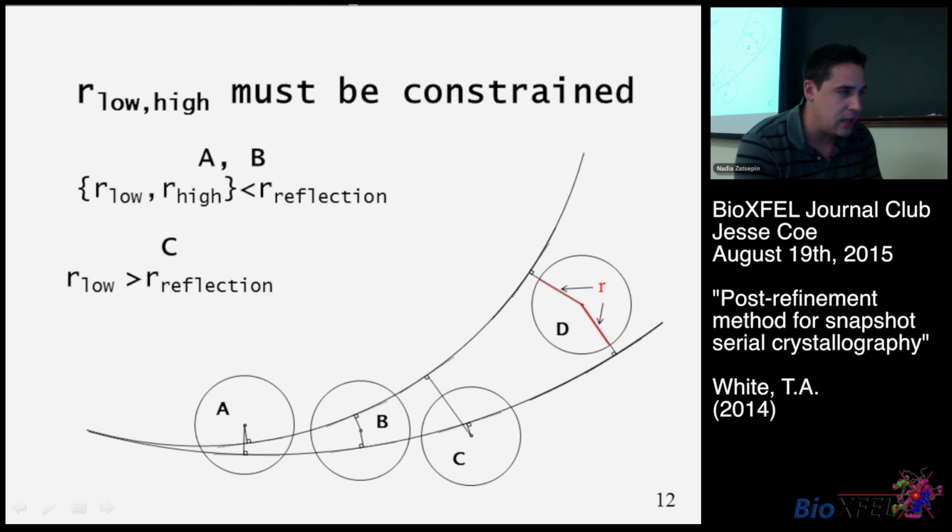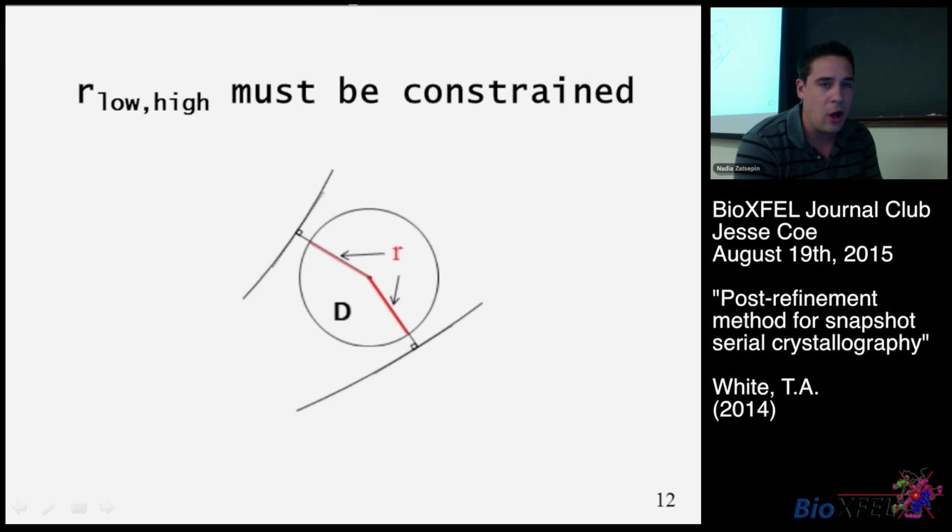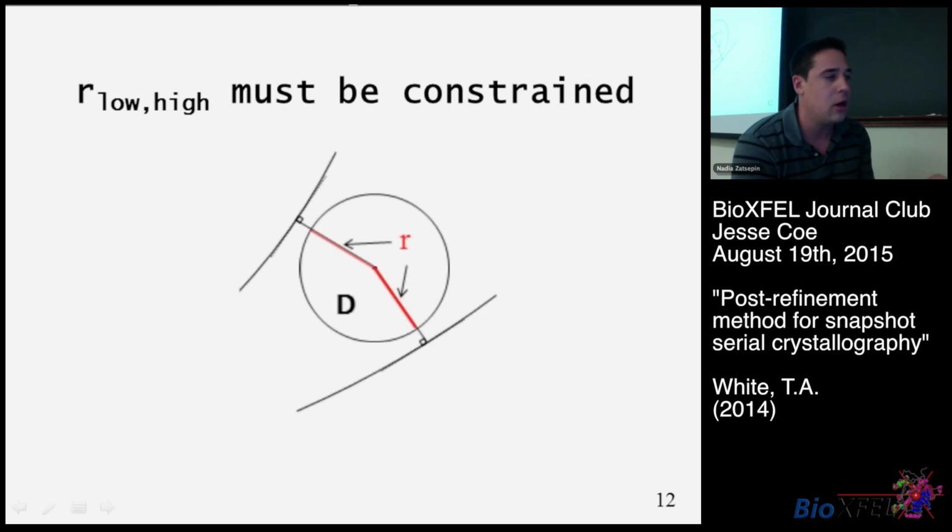But when we get to C, we see that C is farther away from the low shell than it is... it's got a longer radius from it to the low resolution shell than it does through the actual radius of the size of the spot. And then D is on both ways. So it needs to be constrained where all of them must be between R. So when processing, the radii are going to be constrained between negative R and R.